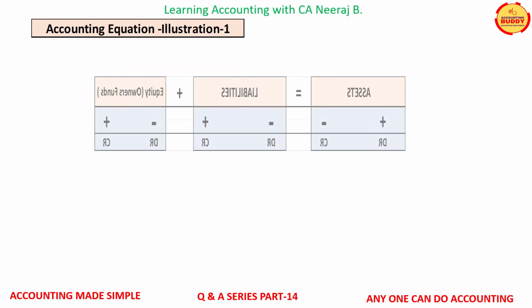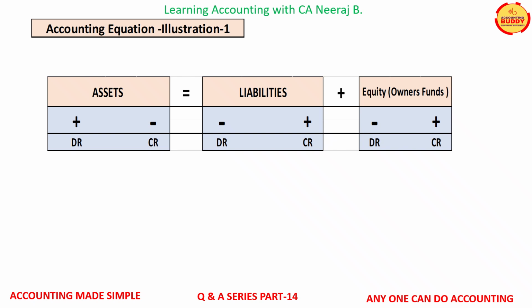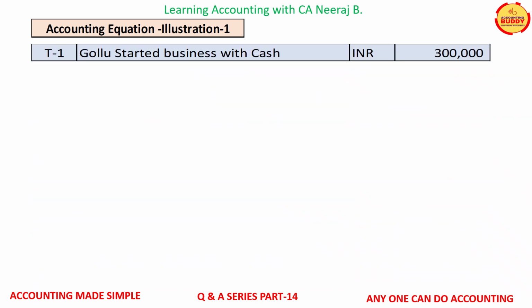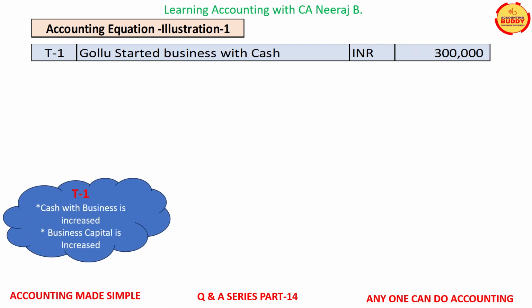Let us practice and process the accounting equation with a couple of business transactions. Transaction number T1 is on your screens. Golu started his business with cash amounting to 300,000. If you analyze this transaction, cash, which is an asset of the business, will increase and an amount invested by Golu will increase his capital in the business.